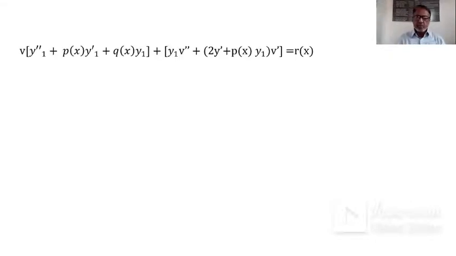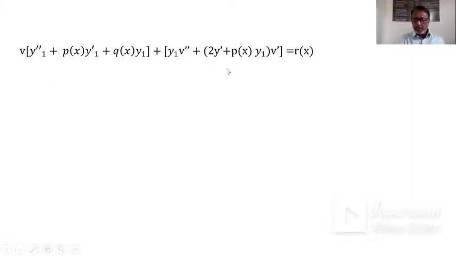Collecting the coefficient of v, we obtain (y1'' + p(x) y1' + q(x) y1) v + y1 v'' + (2 y1' + p(x) y1) v' = r(x). But from equation 2, this bracket is 0.